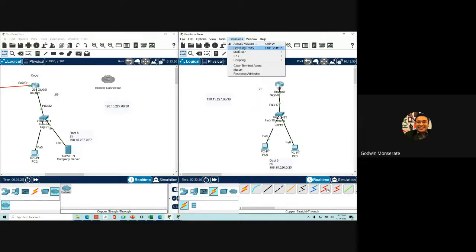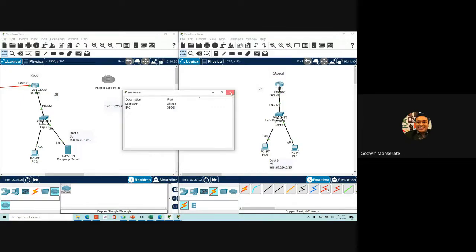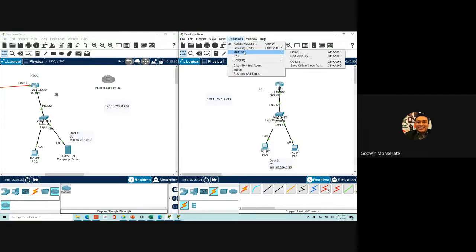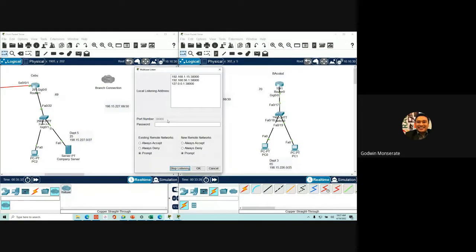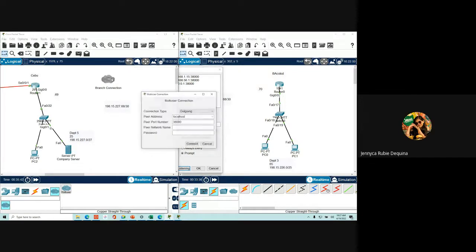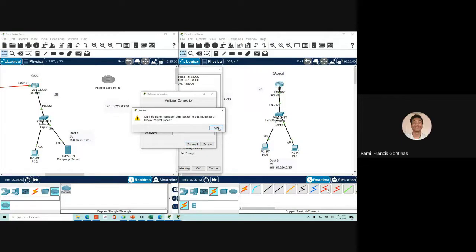Extension, listen to port, extension, listen. The information is 3800. Kuan sir, feel na ko sir ang problem nga nung dili ma-connect ganina kay 38001 imong na-put sir niya. Oh, really? Oo, sa Cebu, sir. 38001. It should be 00, sir. Zero dapat, sir.